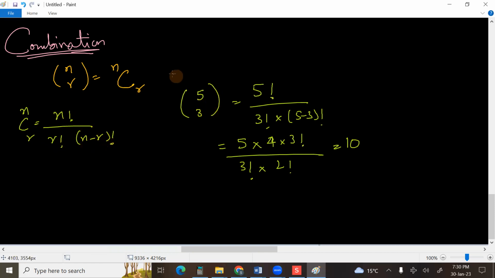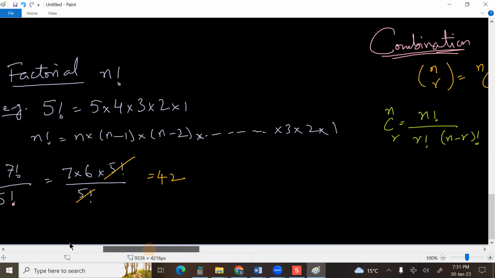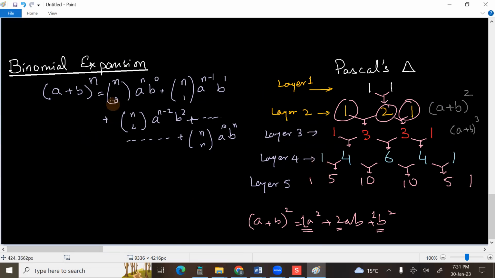For example, 5 combination 3 is 5 factorial over 3 factorial times the difference of the two, 2 factorial. This can be simplified as 5 times 4 times 3 factorial, so that you can cancel out the 3 factorial, and 5 times 4 is 20, divided by 2 factorial, which is 2, giving 10. Just this much for factorials and combinations.